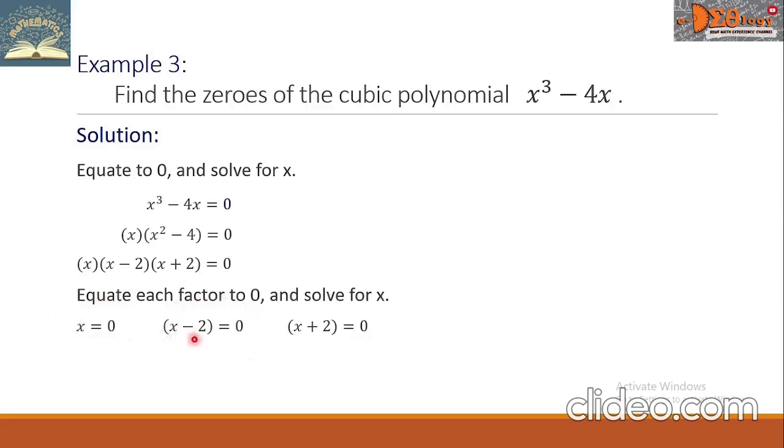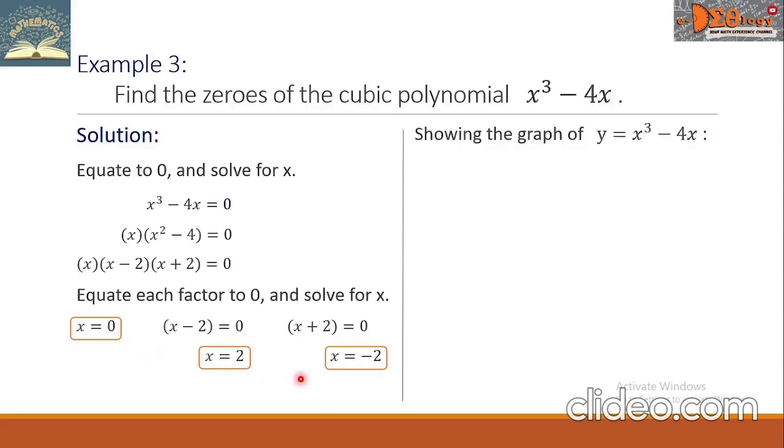This negative 2 we transpose to the right, so we have the value of x equals 2. In the third equation, x plus 2 equals 0. Solving for x, we transpose positive 2 to the right. So we have x equals negative 2. Here are the three values of x. These are the zeros of the cubic polynomial.